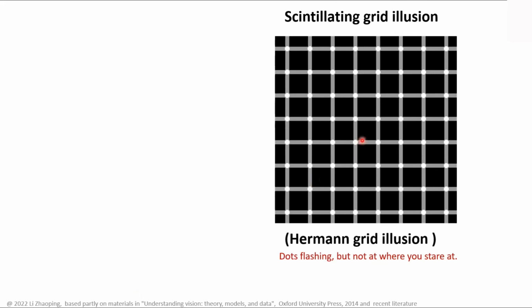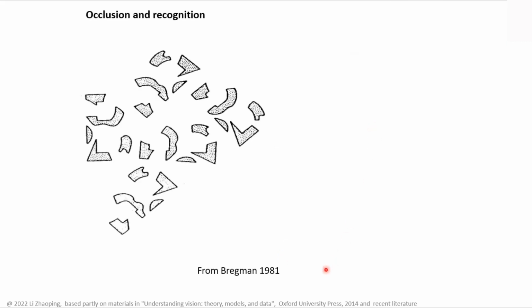And wherever it is, just stare at this spot, it's not flashing, right? It's flashing wherever you're not staring. So somehow the error in your central vision and the error in your peripheral vision are different. And in this case, the error only happens beyond your center of gaze. Okay, that's very interesting. And here is a particular decoding situation where you don't know what this is. What is this?